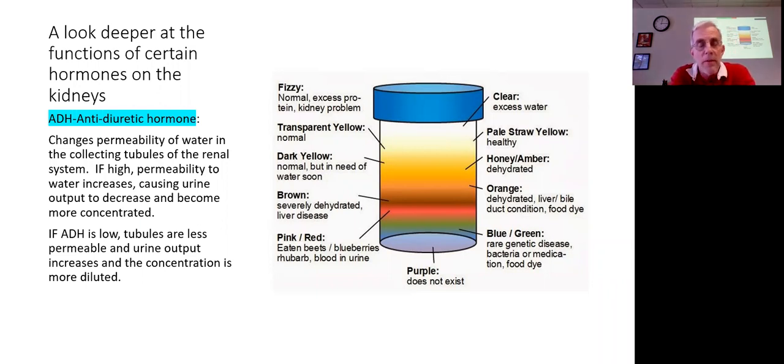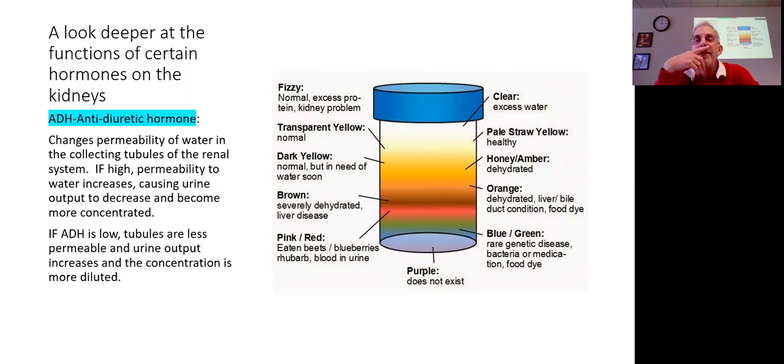And this has an effect on your blood pressure, because either you're retaining water or you're getting rid of too much water. Too much water retention, higher blood pressure. Too much water going out, dehydration is occurring, and your blood pressure decreases because of that.